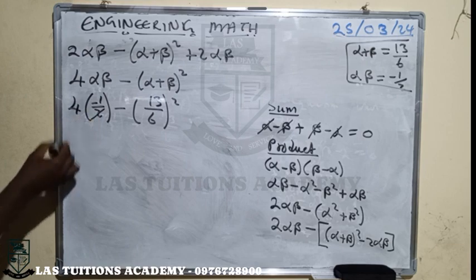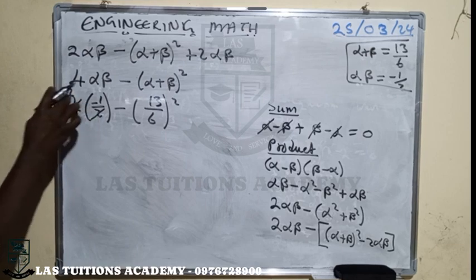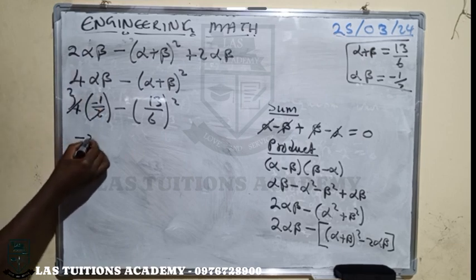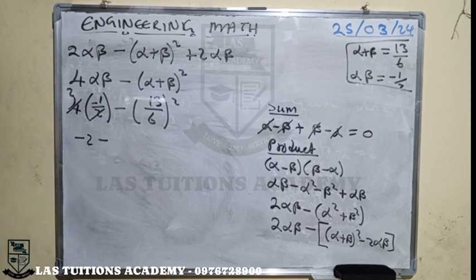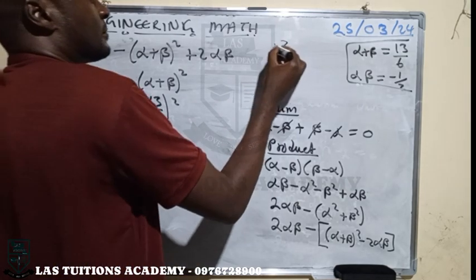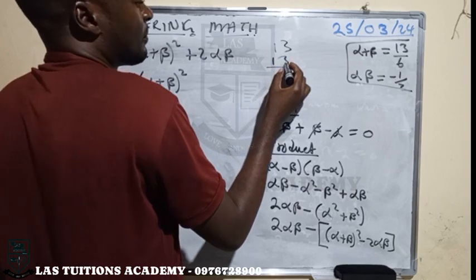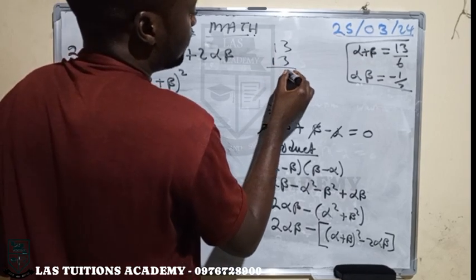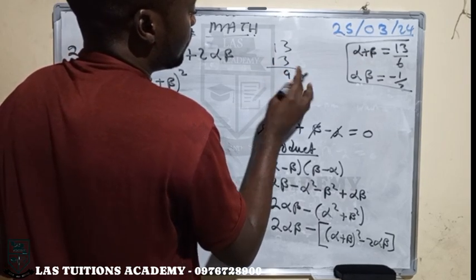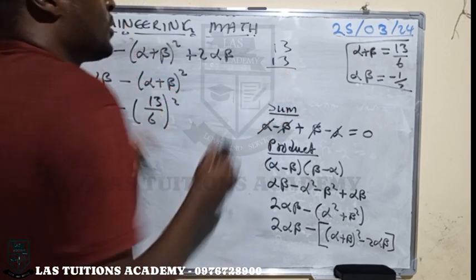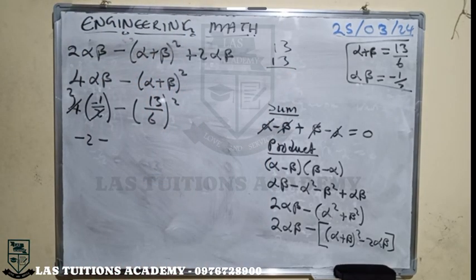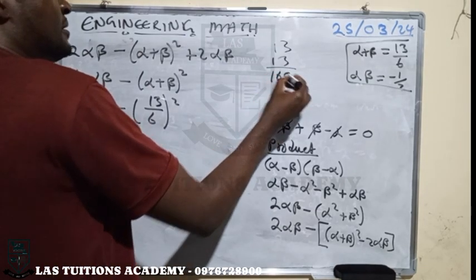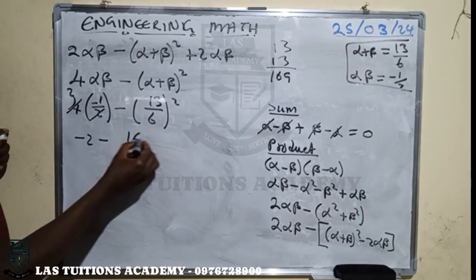So 2 times negative 1, we get negative 2, minus, what is 13 squared? 169. So we're going to have 169 over 36.